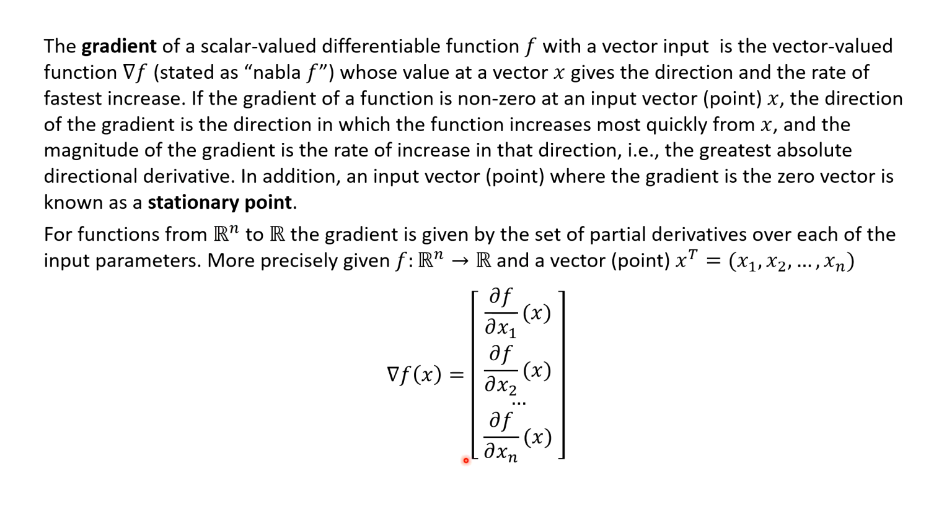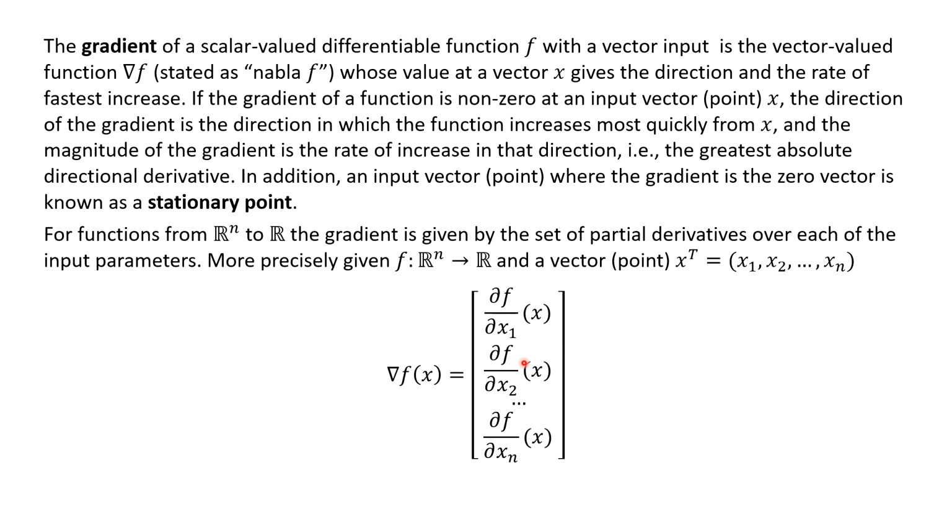So I have a definition down here, a more precise definition. For functions from Rn, n Euclidean space, to R, the gradient is given by the partial derivatives over each input parameter. And we see here we have the nabla f of x. X is a vector.